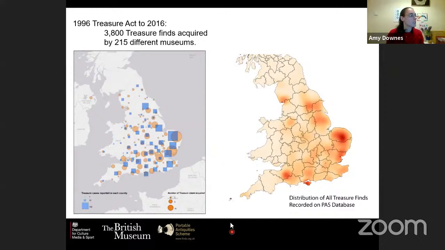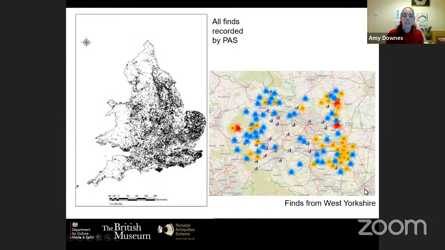Let me show you that. Yes, so this is all find spots up to a few years ago on this map, and it shows you the national spread of data. You don't need to be able to see individual dots to see that it's mainly a rural data set. So it's almost the opposite of the picture that we get from development-led professional archaeology, which is mainly urban.